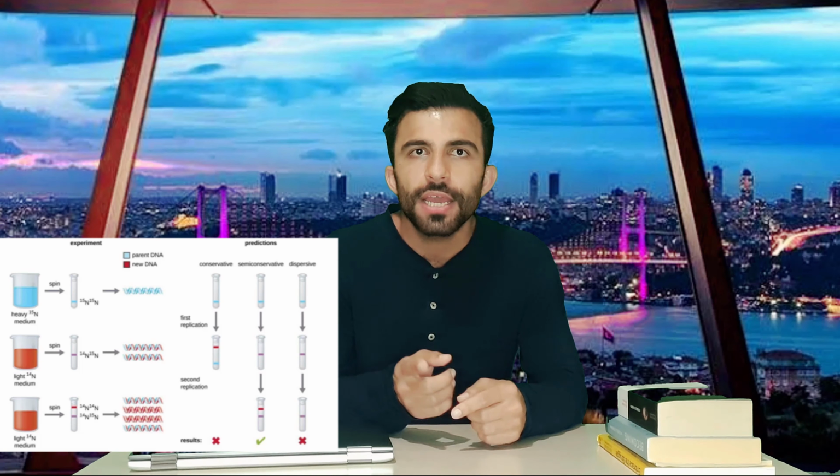So what was observed is the semi-conservative prediction of a single band of DNA after one round of replication and two bands of DNA after the second round of replication. This was the first indication that parent DNA acts as a template for creating daughter strands.